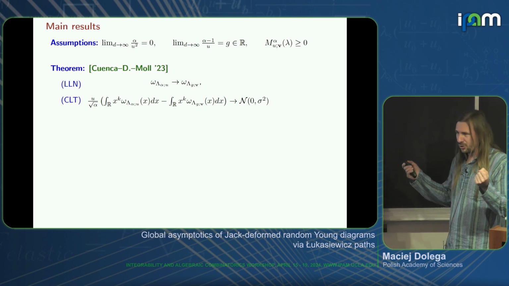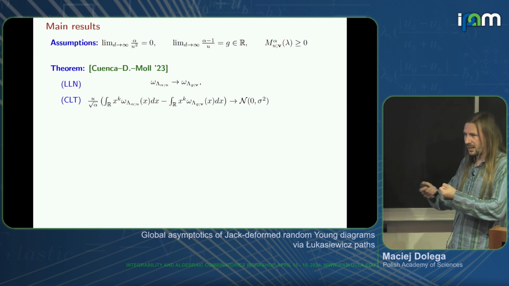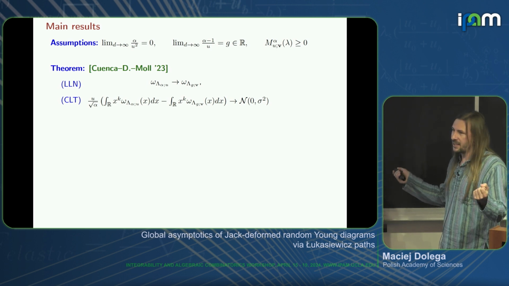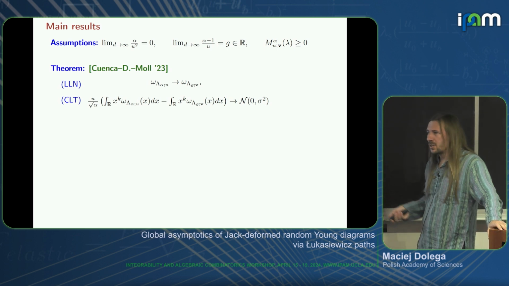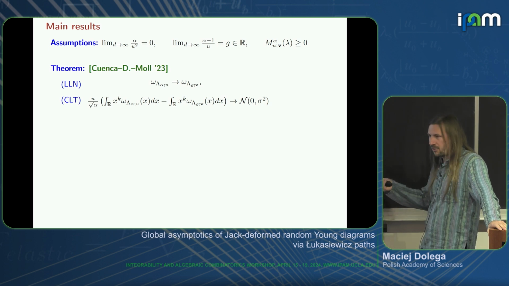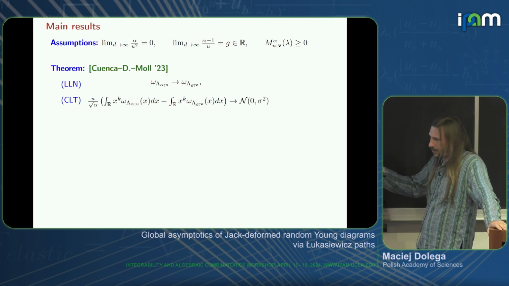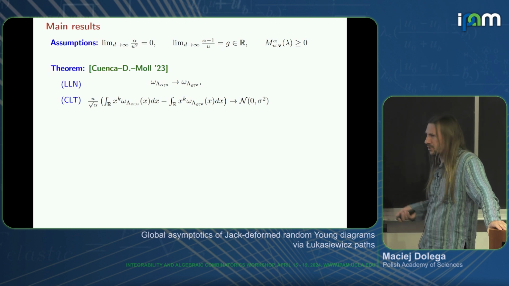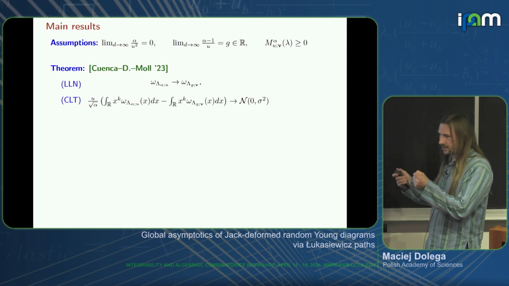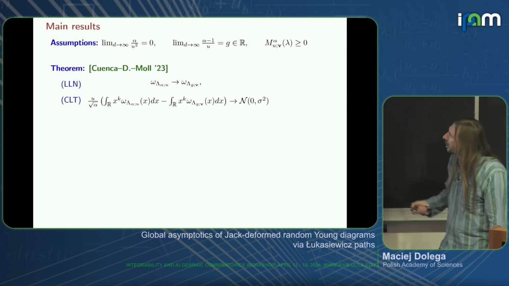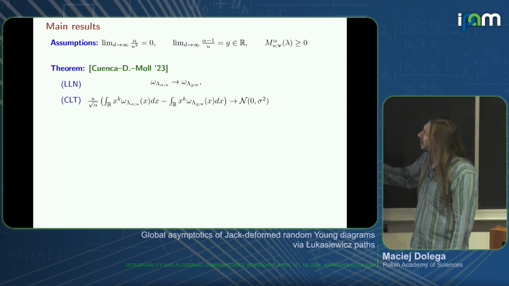I told you that you need to have some kind of parameter that tells you the size of your model. If you compute the expectation of the area of your Young diagram with respect to this measure, it turns out that this is just u. So this means that u plays the same role as in the finite setup. So we want u to go to infinity.